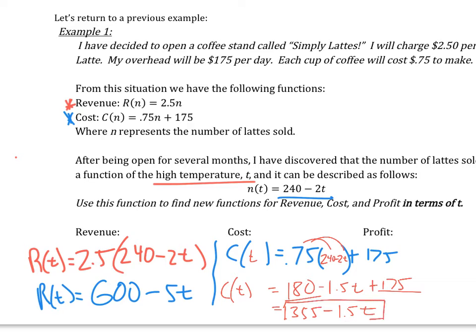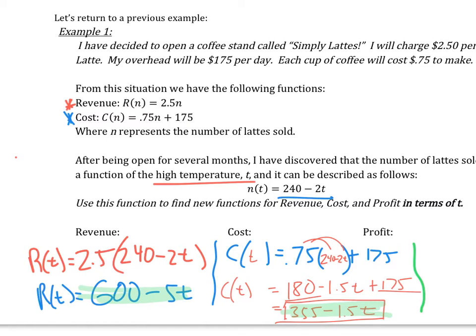Okay, all right. So now we have cost as a function of the temperature. Last but not least, we want the profit. Well, profit is just revenue minus cost. So let's go ahead and take our revenue here, and we're going to subtract the cost from it. Actually, that's not the cost, this guy in the box. So profit is revenue minus cost.